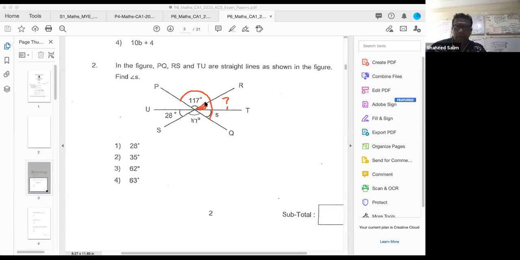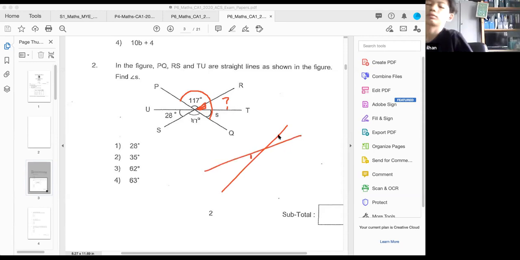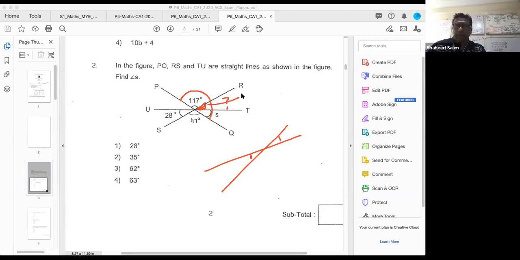You see, 28. You see, you have a scissors like that. This will always be equals to this. So this one is 28. So take 180 degrees minus 28 minus 117, you get 35. Okay, get it? All right, we'll move on to the next one.